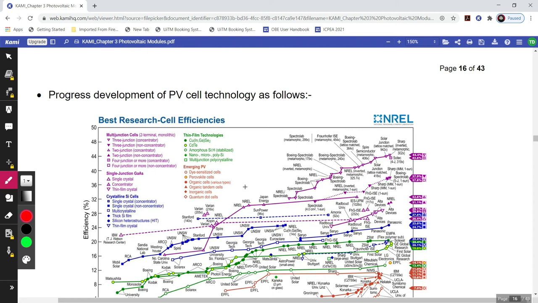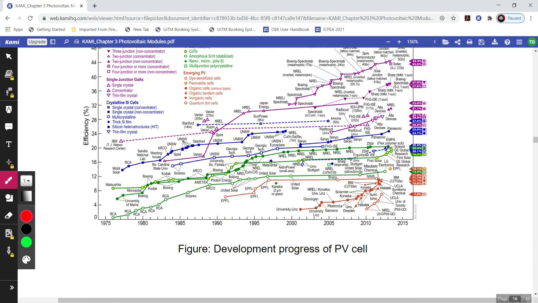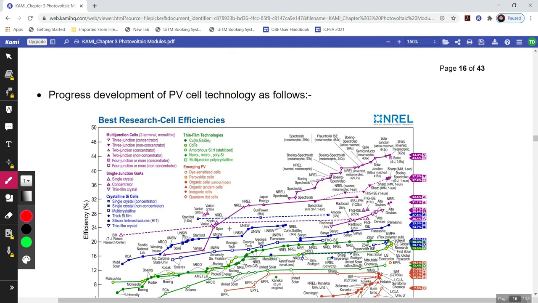Amorphous silicon is the thin film technology, which is in this area. So the efficiency is lower than crystalline silicon, the blue color, and the multi-junction cell, the purple color.